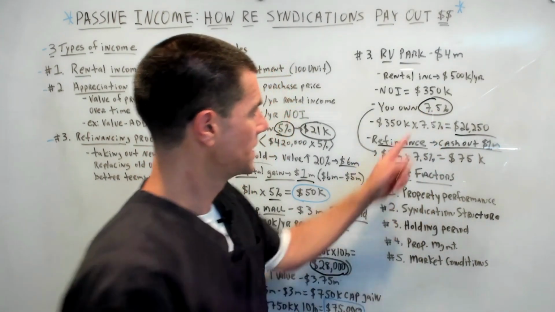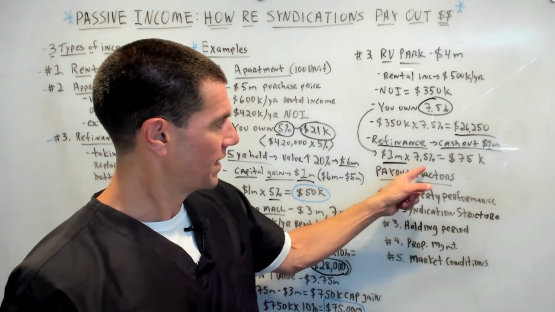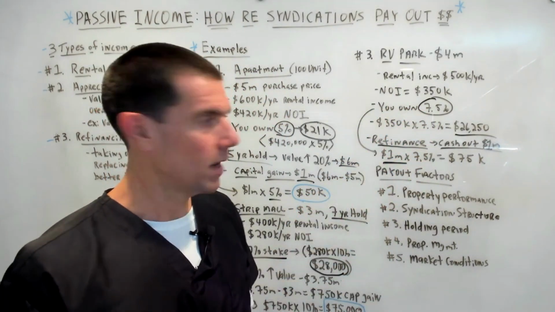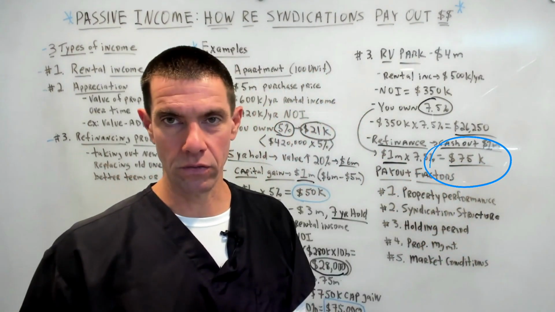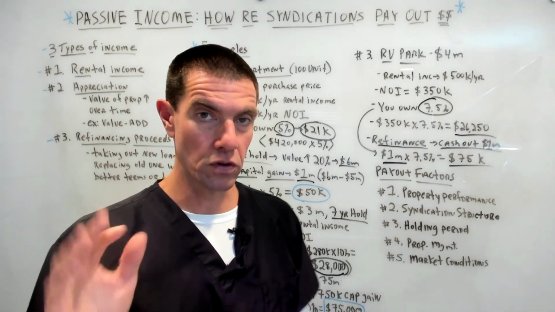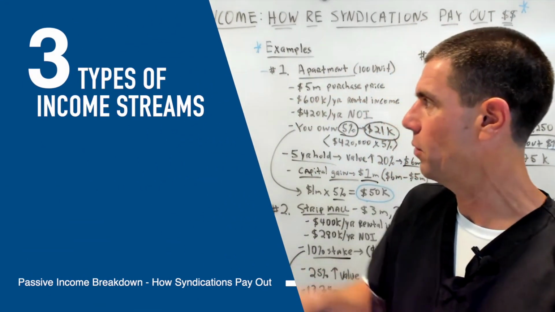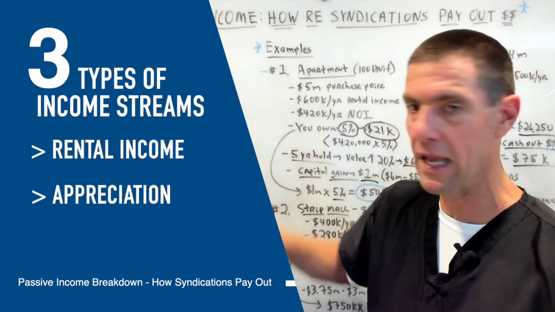Because you're a 7.5% stakeholder, you're entitled to 7.5% of that $1 million, which comes out to be $75,000. One-time payout from the refinancing proceeds.